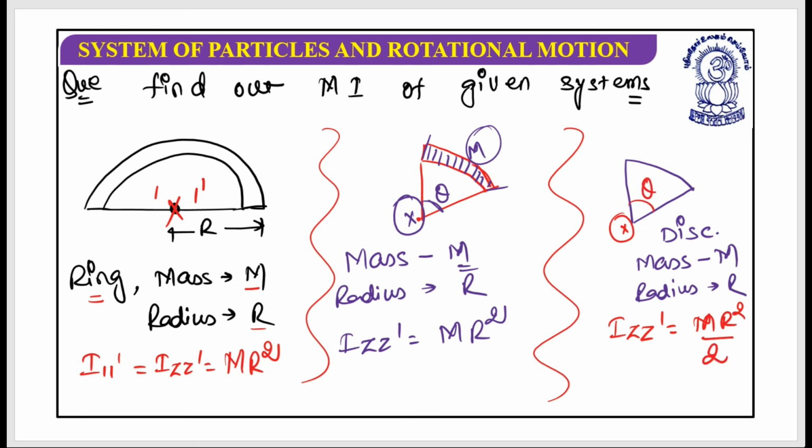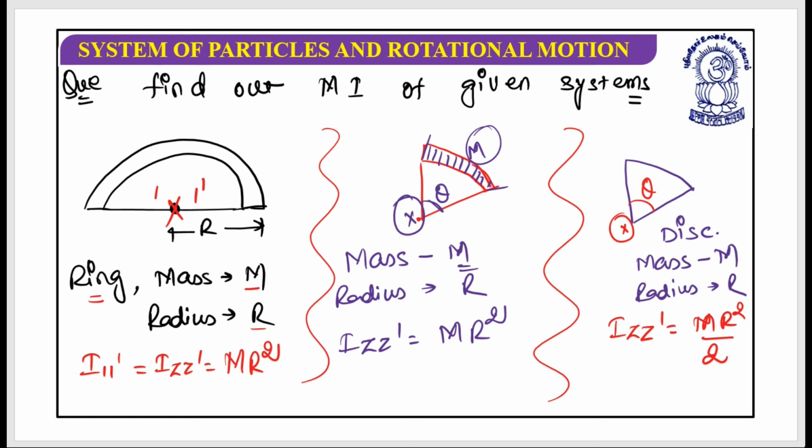In that situation, I am not going to say, no sir, mr square by 2 would be for the complete disk. This is just half of the disk. How could I write mr square by 2 for this? It is not the case, dear. I hope this is clear.